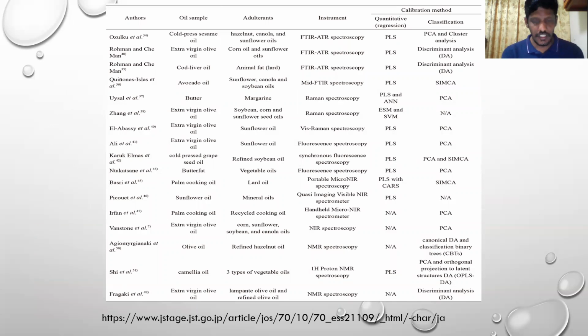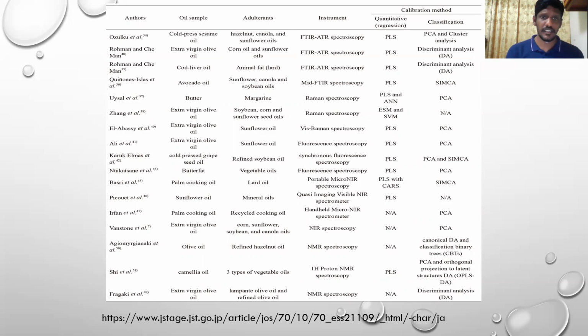This table shows past research papers done on edible oil characterization using spectroscopy analysis, accompanied with chemometric studies such as principal component analysis and partial least squares analysis.